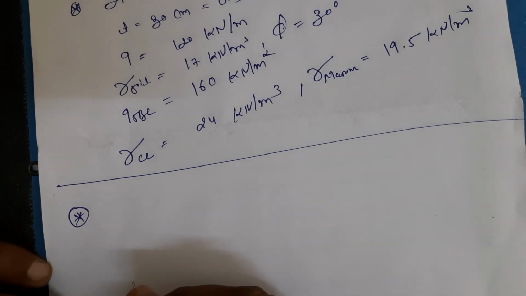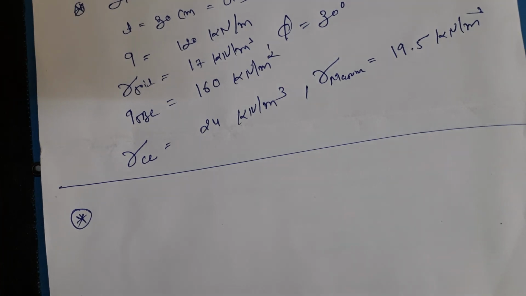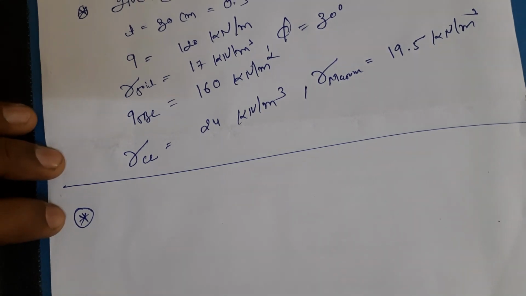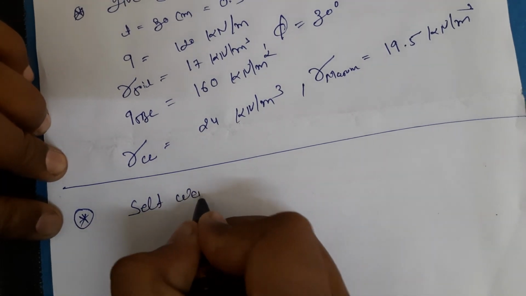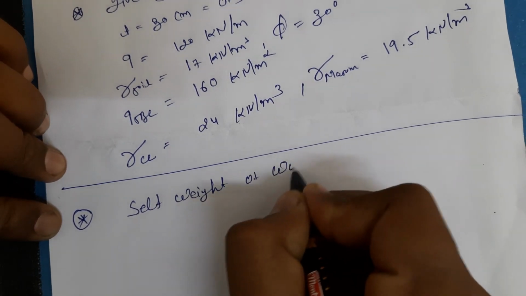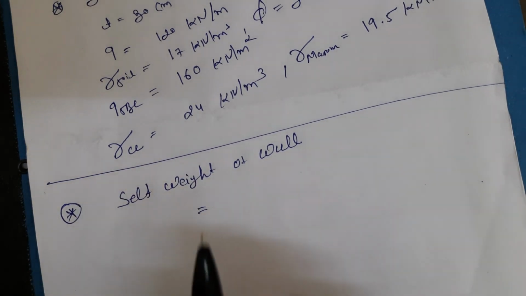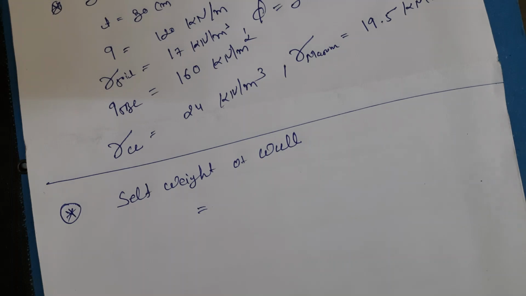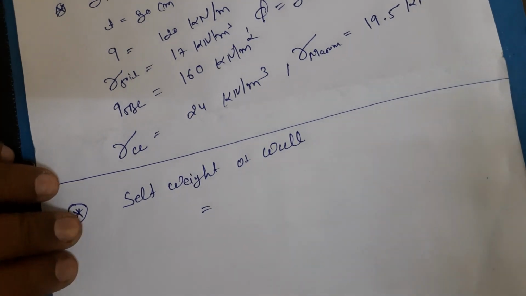There is an imposed load, but first we need to find the self weight of the wall. Using the dimensions, we first find its volume and then multiply with its unit weight, and we get the self weight of the wall.